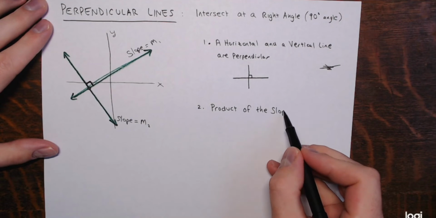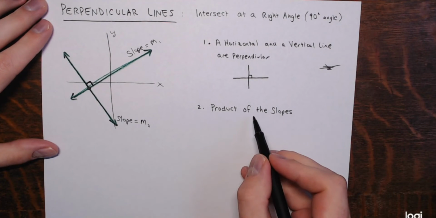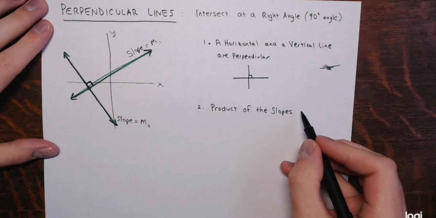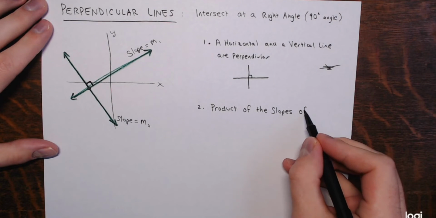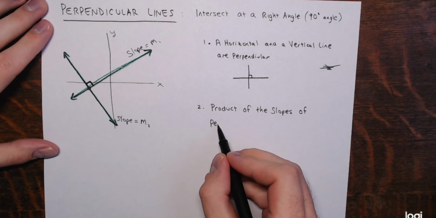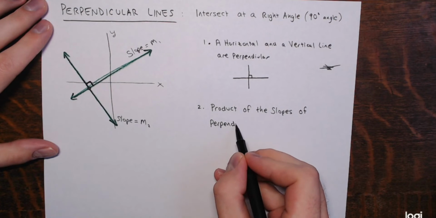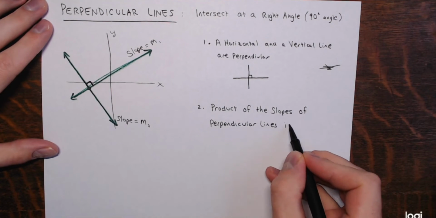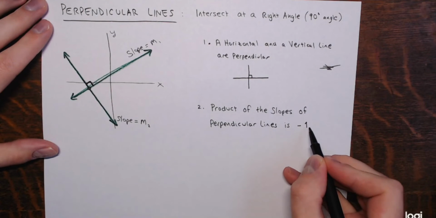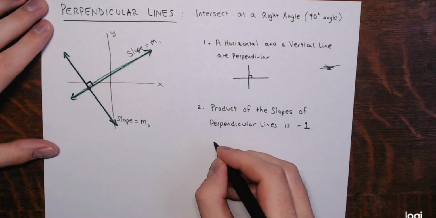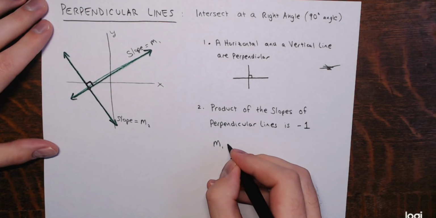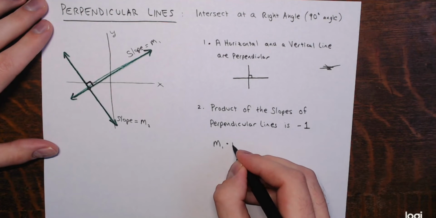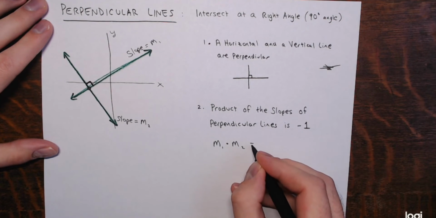So if you multiply the slopes, the product of the slopes of perpendicular lines is always -1. So if I took m1 and multiplied by m2, I would get -1.